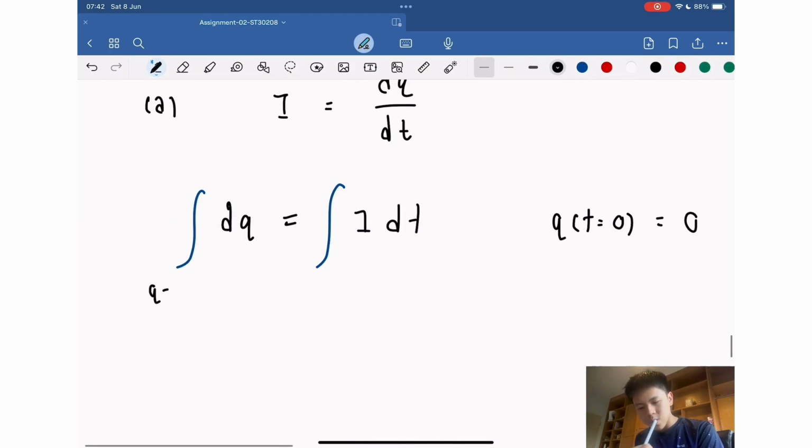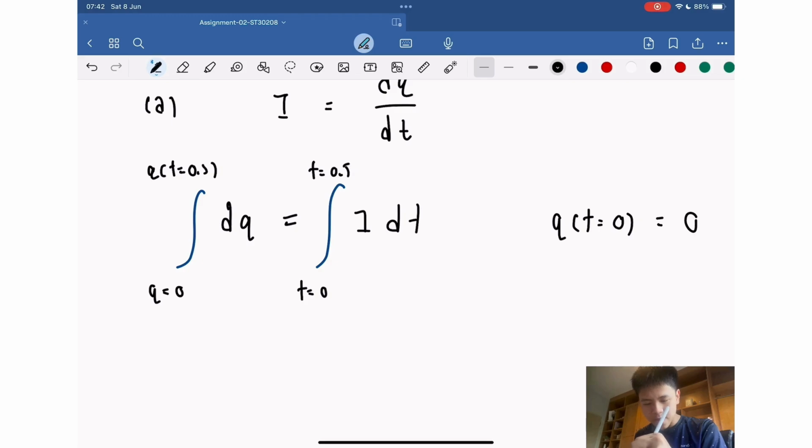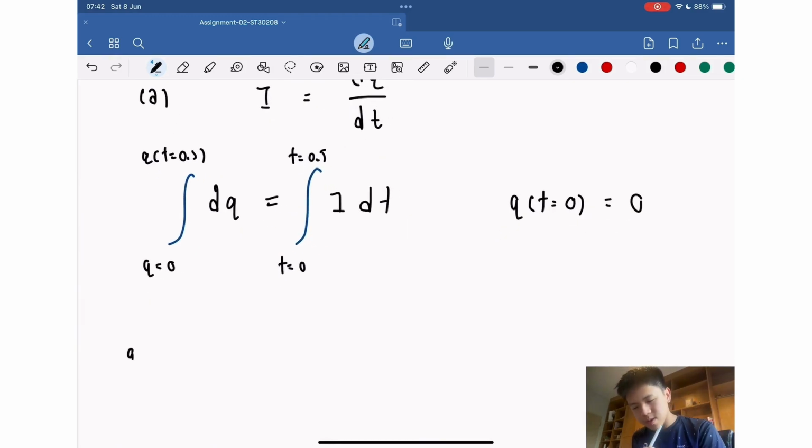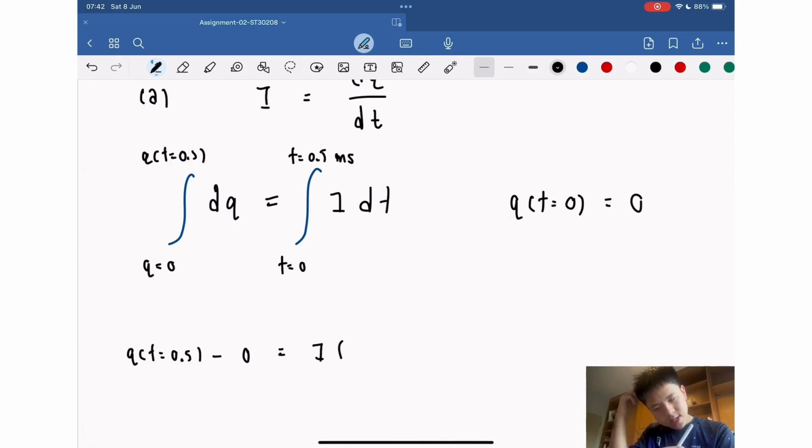So the limits are q from 0 to q(0.5), and t from 0 to 0.5. So we get q(0.5) minus 0 equal to I times 0.5 times 10 to the power of negative 3 minus 0.